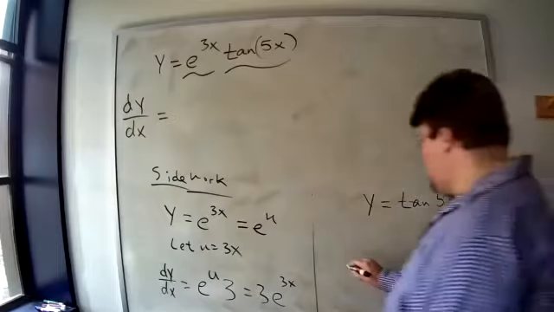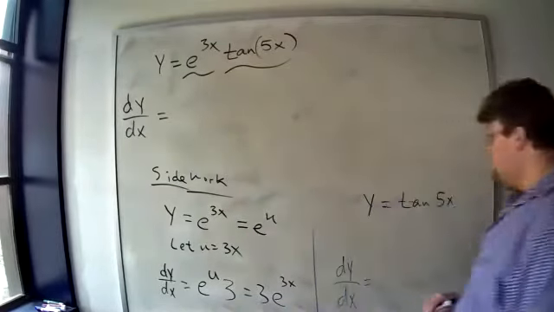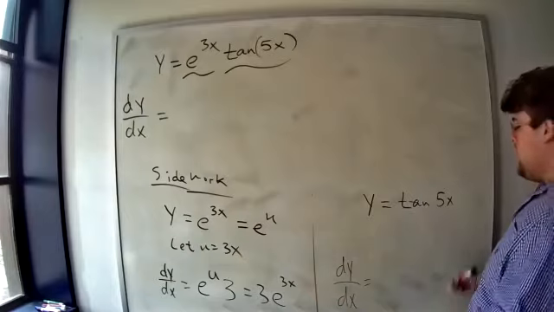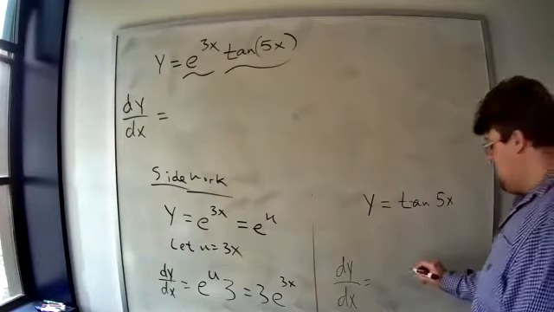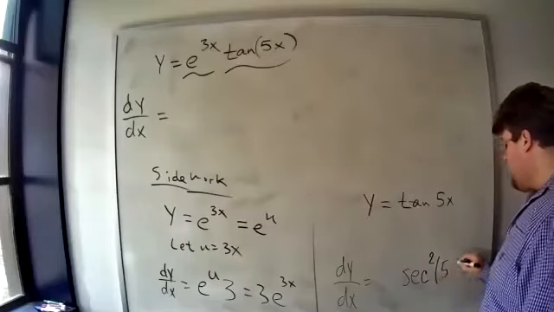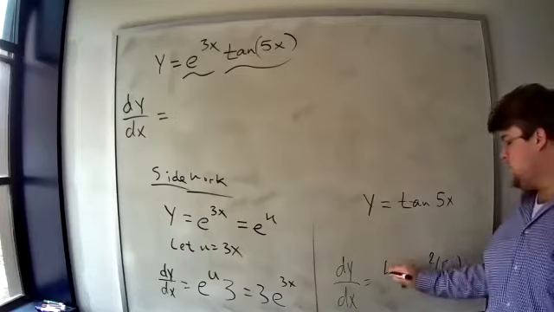I'm just going to write over here du dx? Well, we have a tangent function. The derivative of any tangent function is a secant squared function. Leave the 5x alone. Multiply by the derivative of the 5x, which is 5.